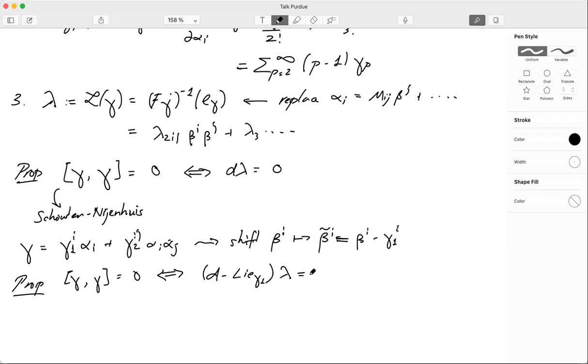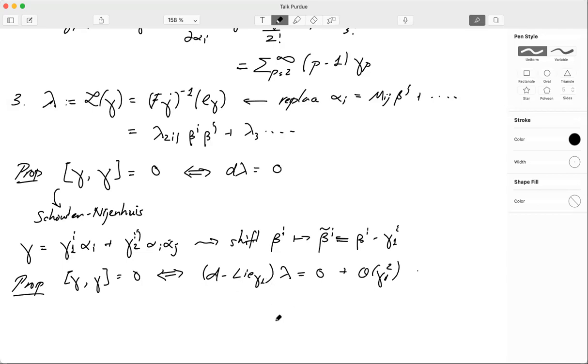So we shift the round differential by the Lie derivative with respect to gamma 1, and this is almost true. It's 0 plus higher order terms, 0 plus O of gamma 1 squared. So there's a high order correction in gamma 1. But morally, at least formally around a certain point, it's true.